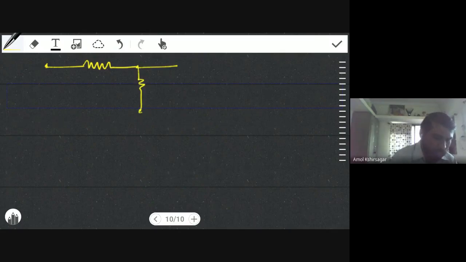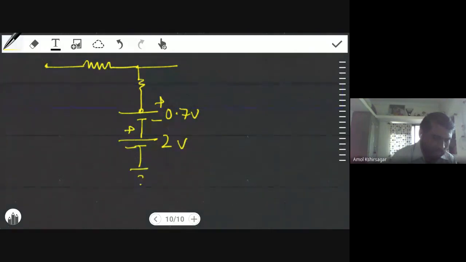So the diode in this case will be substituted by a battery of 0.7 volt, since it is on, and then you are having 2 volt over here with respect to ground, and this is 1 kilo ohm and this is 1 kilo ohm, R1 and R2.